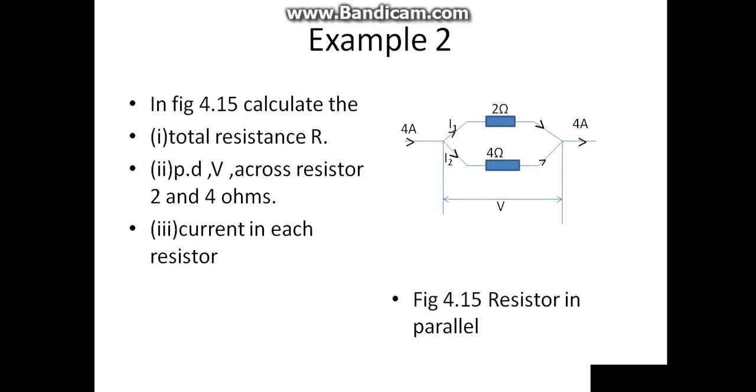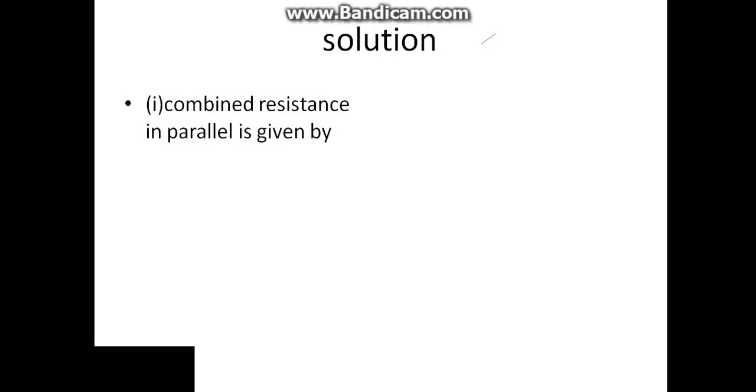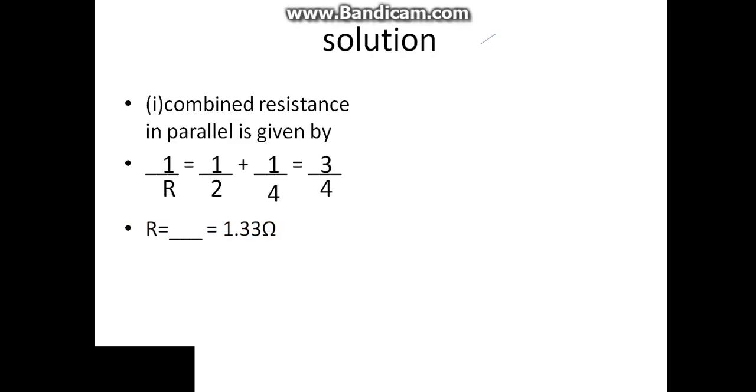I, combined resistance in parallel is given by 1 over capital R is equal to 1 over 2 plus 1 over 4, which is equal to 3 over 4. Capital R is equal to 4 over 3, which is equal to 1.33 ohms. II, capital V equals IR, which is equal to 4 times 1.33, which will give us 5.32 volts.